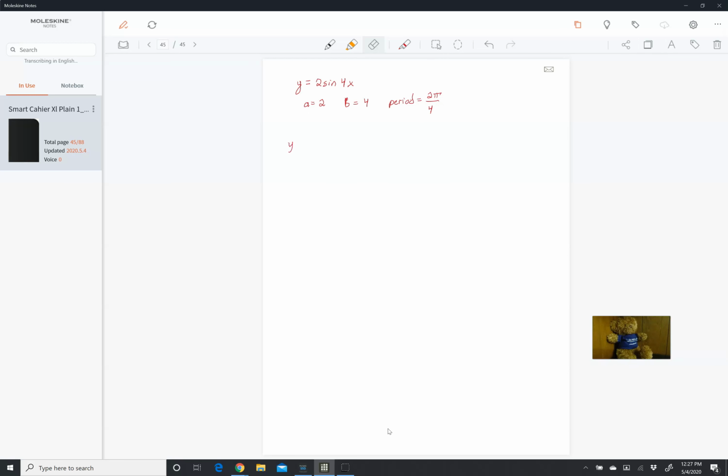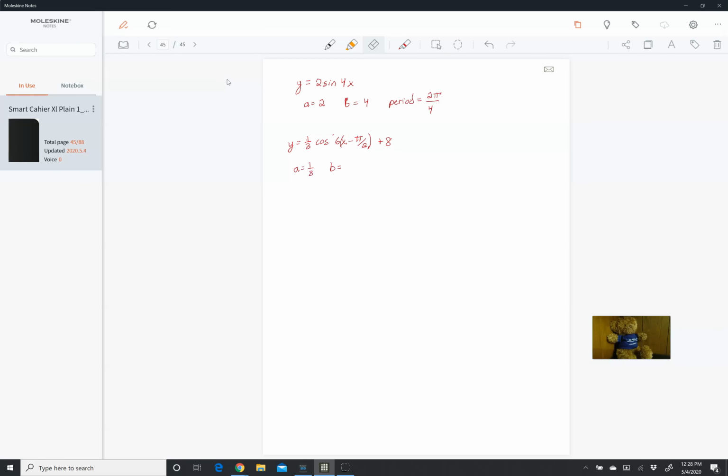If we have y is equal to 1/3 cosine of (6x minus pi over 2) plus 8, well, our amplitude is 1/3.